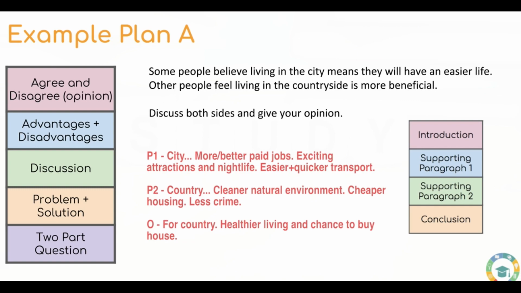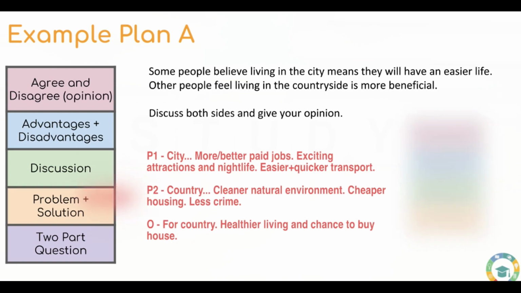I've included 3 key points for each paragraph. In paragraph 1, I'll be talking about the better paid jobs, exciting attractions, and easier access to transport that the city has to offer. In paragraph 2, I'll write about all the benefits for living in the countryside, and that way I've discussed both sides of the question.